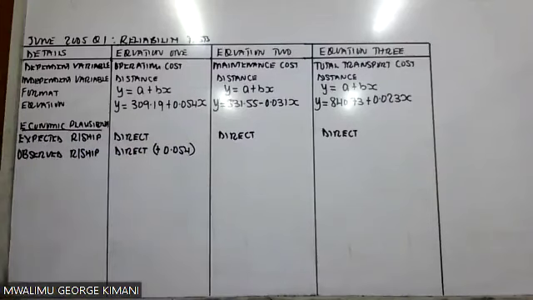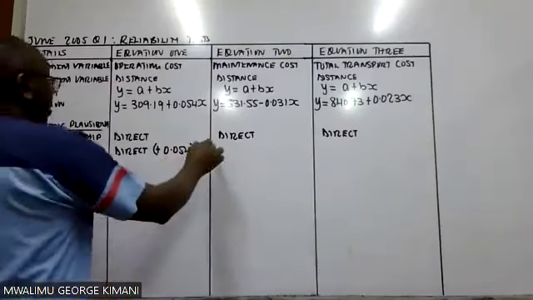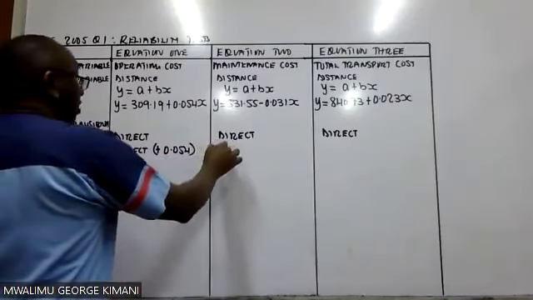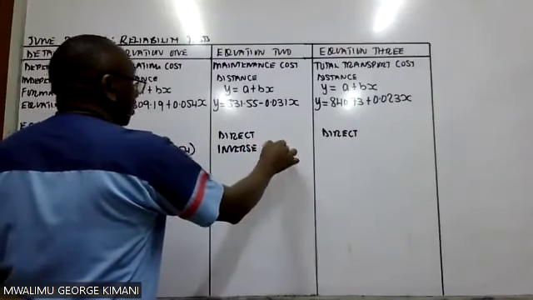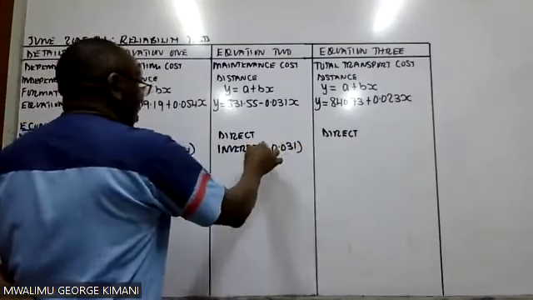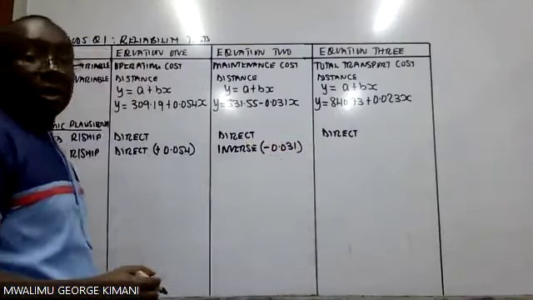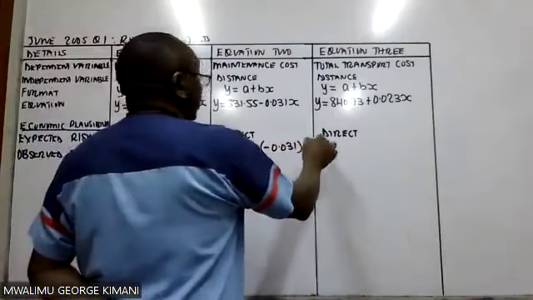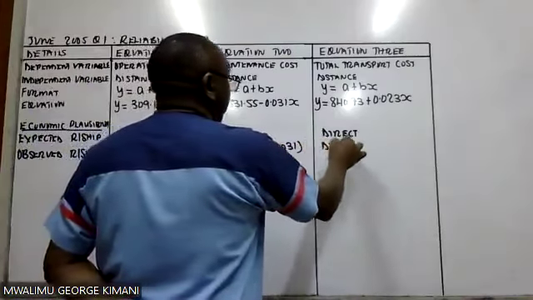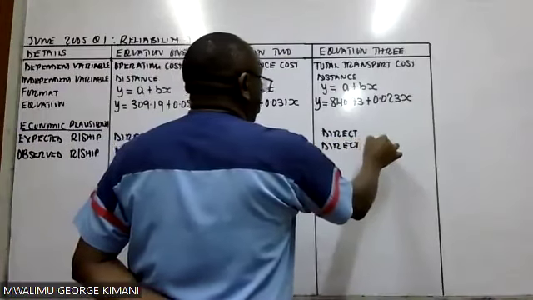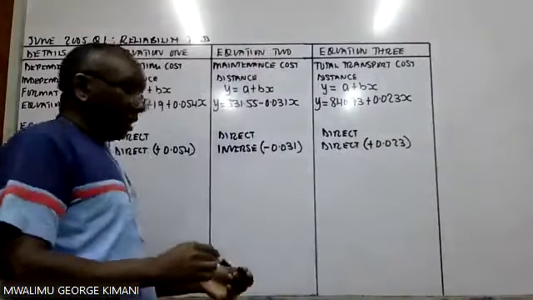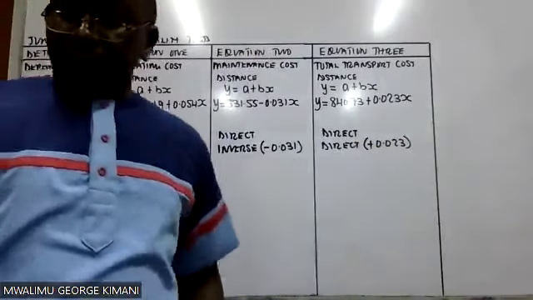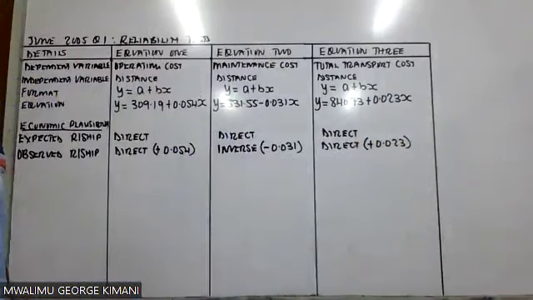Then here we have inverse, and we are saying so because of this. And then here, this is direct, and we are saying so because of 0.023. Yeah, it's direct that way.